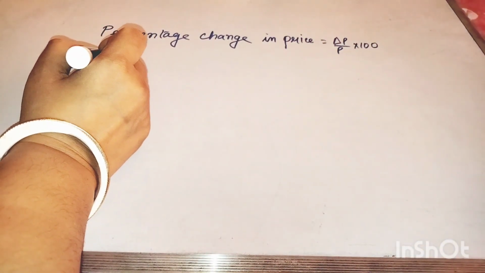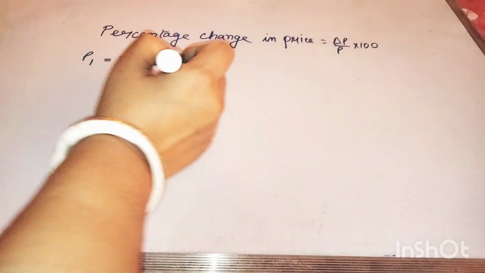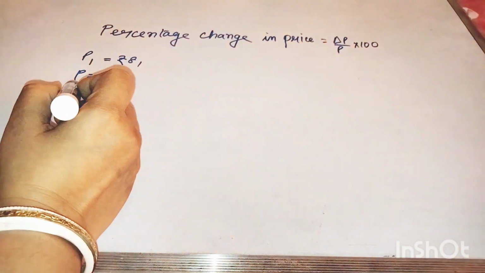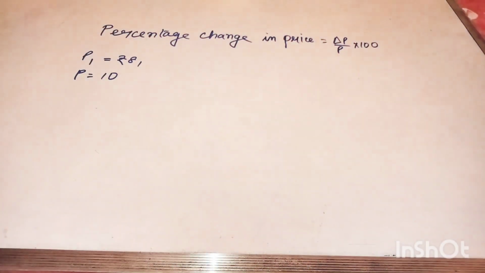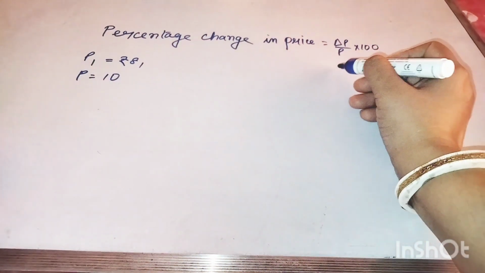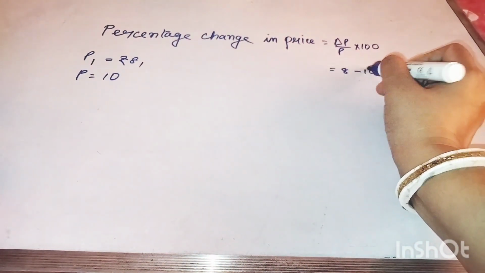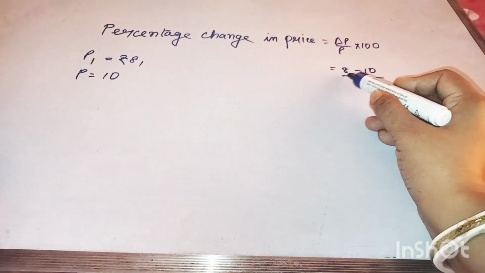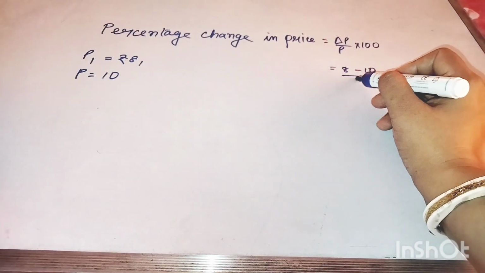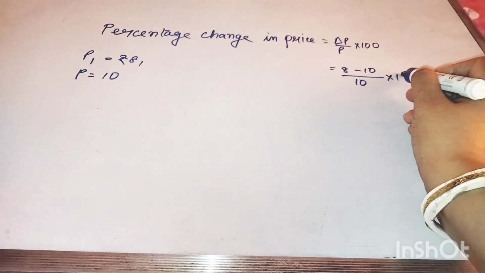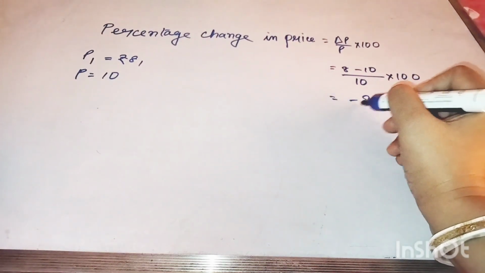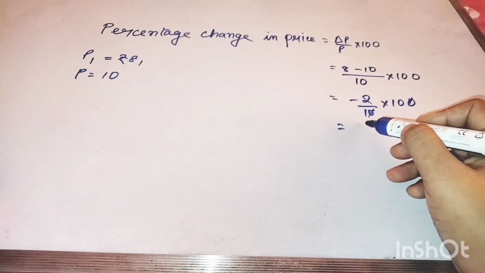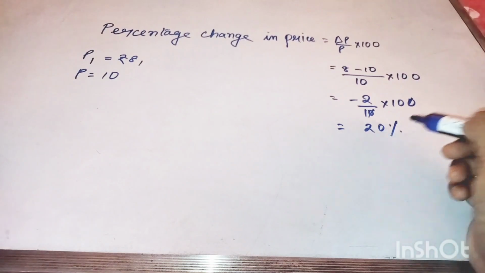So your P1 is rupees 8, P is 10. Del P is 8 minus 10. Del P is P1 minus P. So P1 minus P by 10 into 100. That is minus 2 by 10 into 100. What we are getting is 20%.